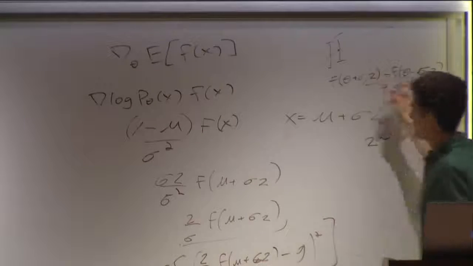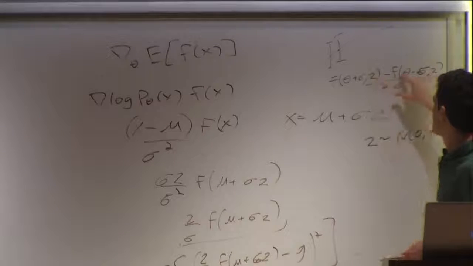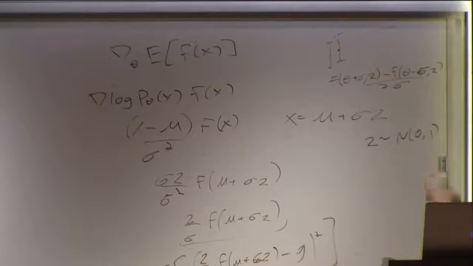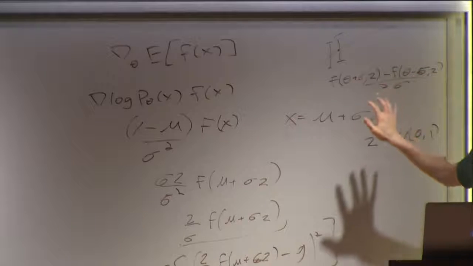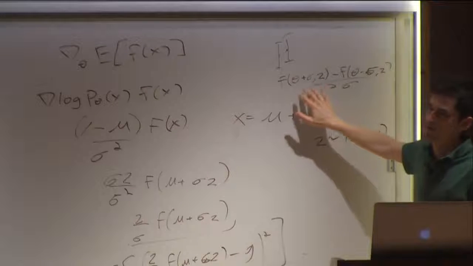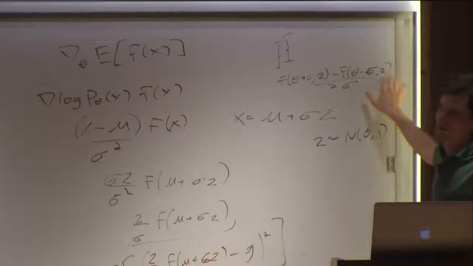So this is our finite difference gradient estimator. If we use the same value z on both sides, then we're OK, because we're fixing the noise between both of our function evaluations. So we're still going to approximately estimate the gradient for that particular value of z.